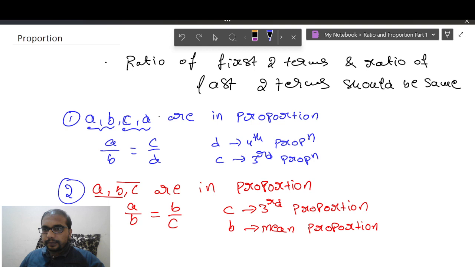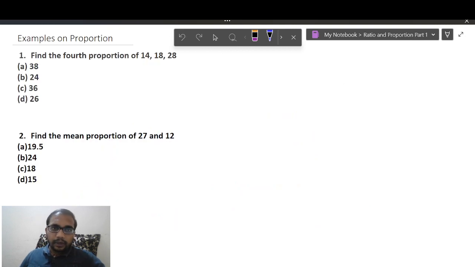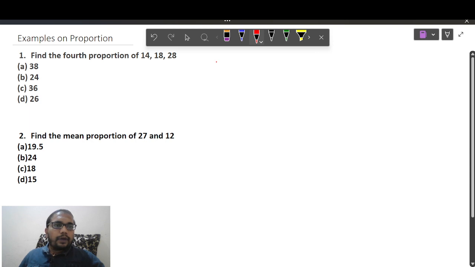For example, the questions are asking like this: find the fourth proportion of 14, 18 and 28.